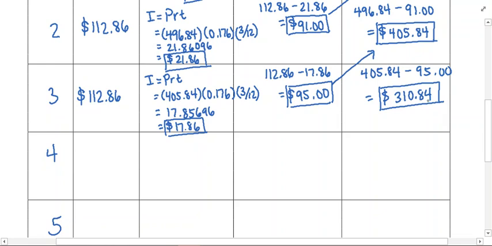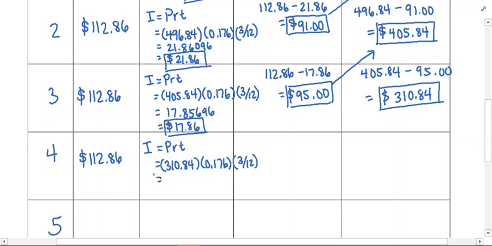Another quarter passes, and then it's time to make another $112.86 payment. In the meantime, this $310.84 has been accruing interest. How much interest? Plug it into PRT. It's going to be $310.84 times the interest rate times the time, which is 1 quarter, 3 months out of 12.